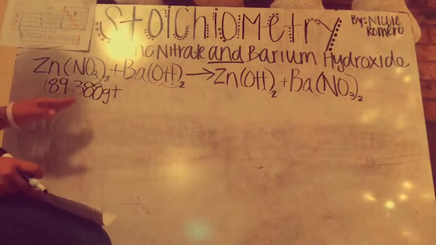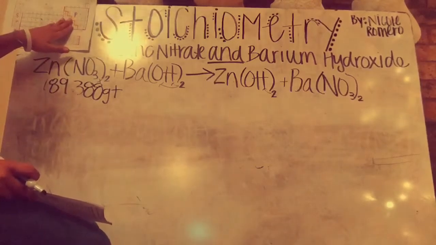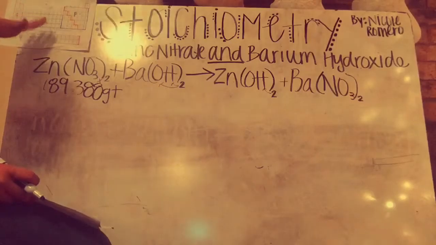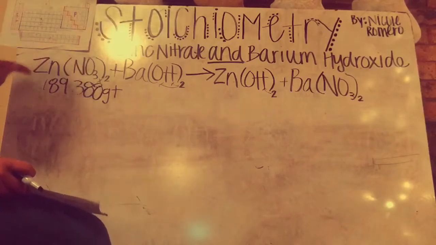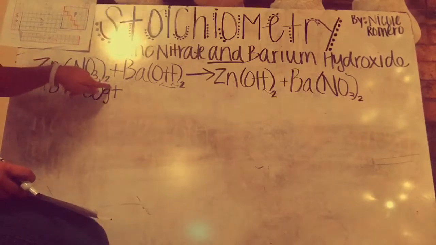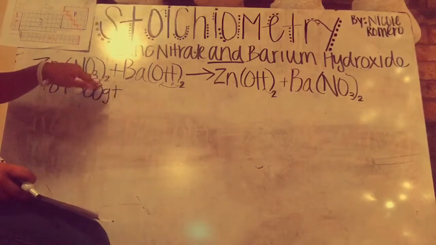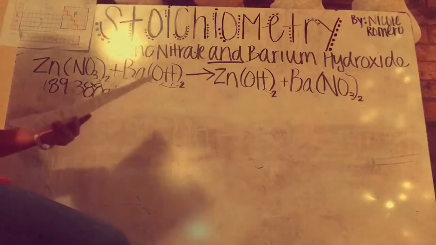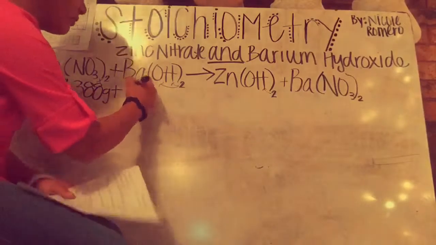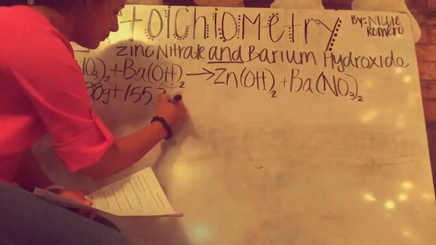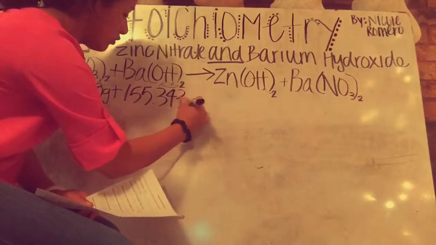And you can find the molar mass by looking on the periodic table and adding up all of the atomic masses of each element. So you would add 1 zinc, 2 nitrogens because of the subscript, and 6 oxygens together, and you will get this answer. For barium hydroxide, we have 155.343 grams.